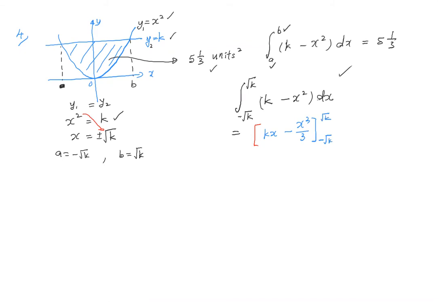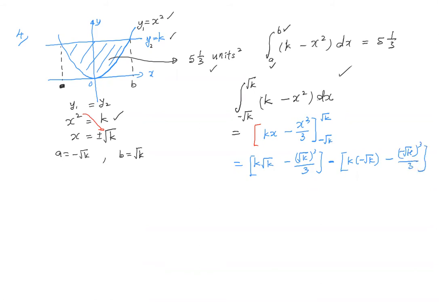Okay. So this will be k times square root of k, take away square root of k cubed divided by 3, take away k times negative square root of k, take away negative square root of k cubed divided by 3.